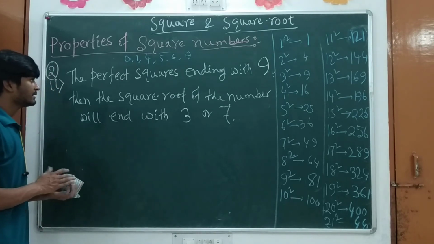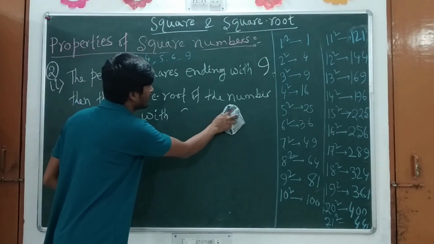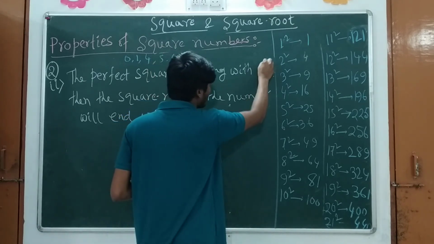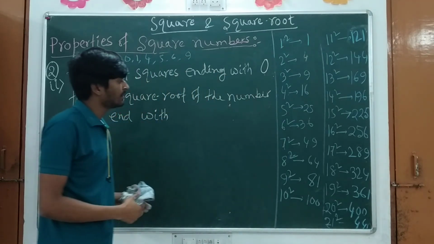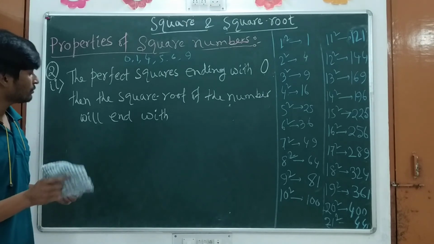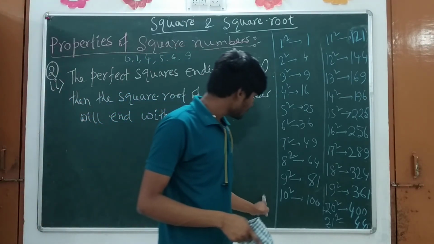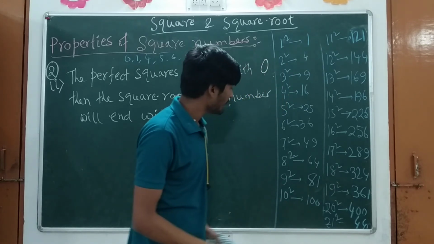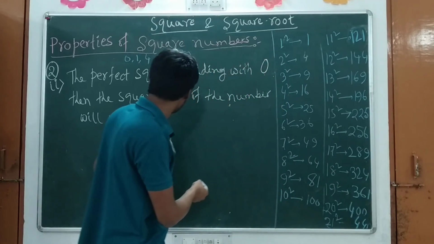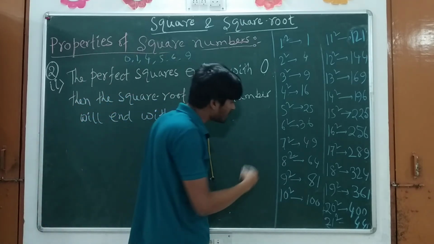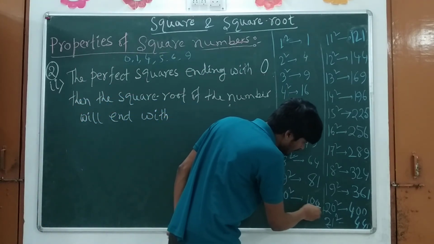And next is a perfect square ending with 0. There is a rule: a perfect square cannot end with just one 0. It has to end with two 0s. That means the last 2 digits have to be 0, like 100, 400.